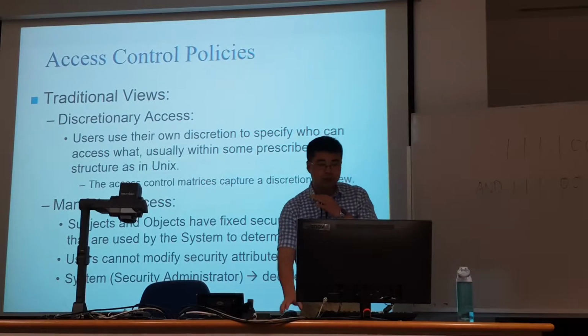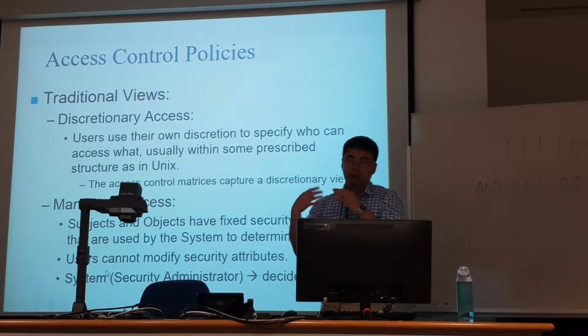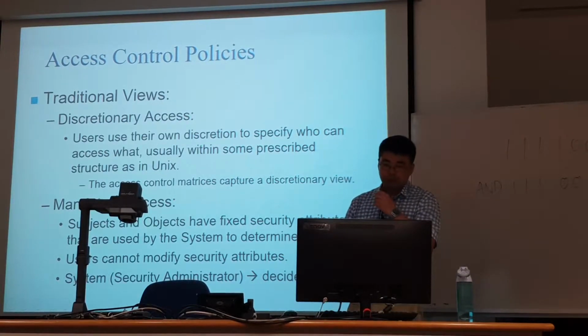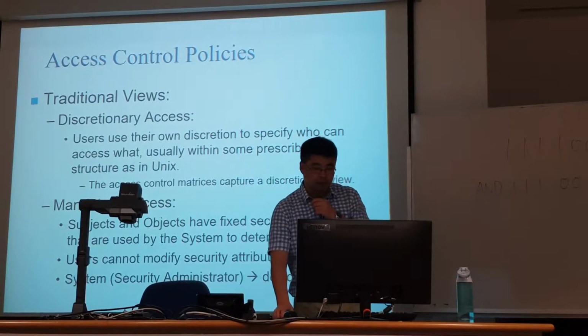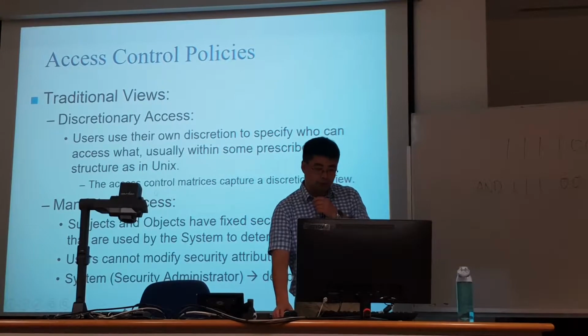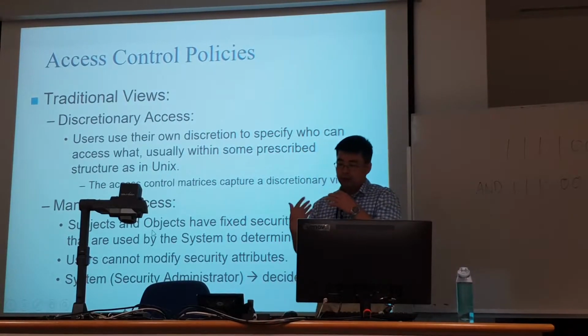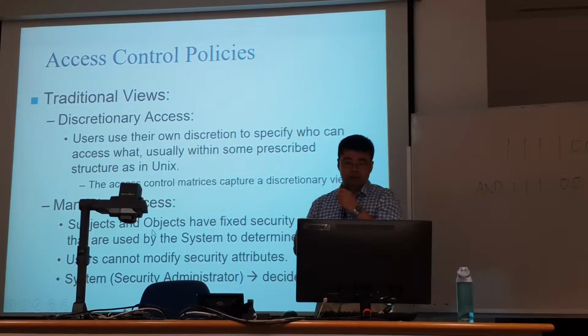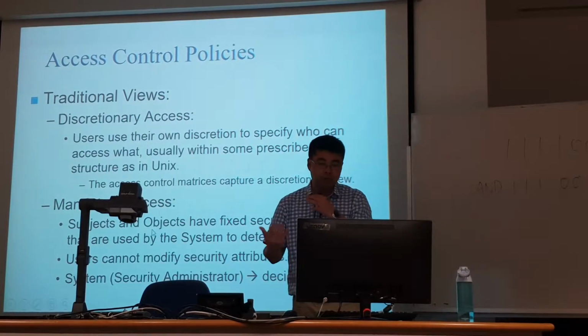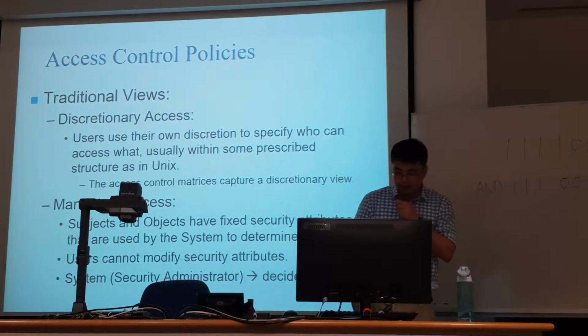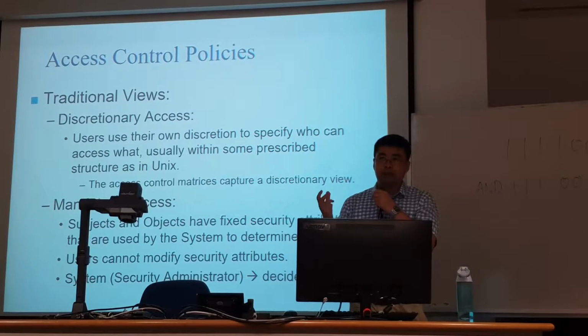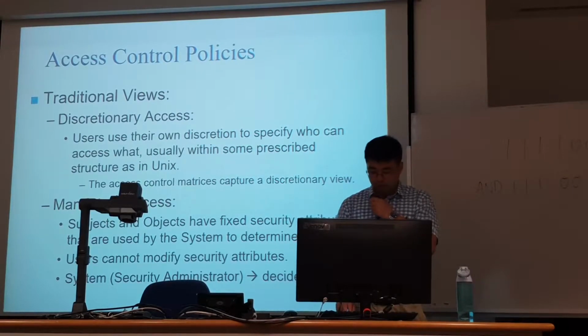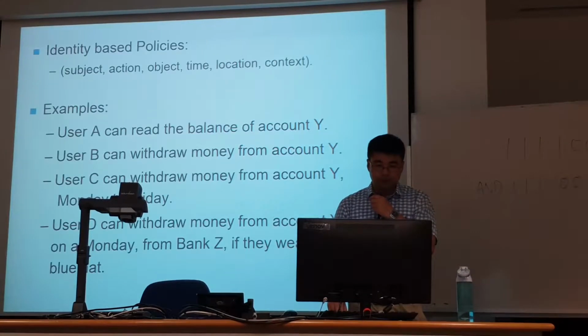Because the mandatory access control is not determined by the owner of the file or the users. It's determined by the system, right? So in this case, we can basically prevent leakage of sensitive information. We will look at some examples later when we look at the multi-level access control, and at how this can be done.